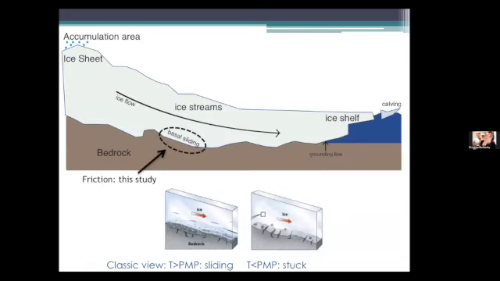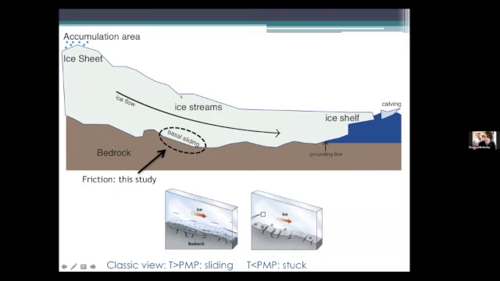So what controls the rates by which ice goes from accumulation areas out to sea, in this very simplified cross section? There's quite a few factors. Certainly at this high homologous temperature, you're going to have viscous behavior within the ice. That is for another talk.